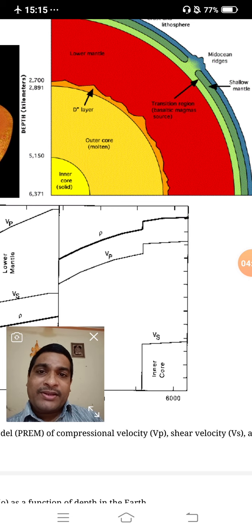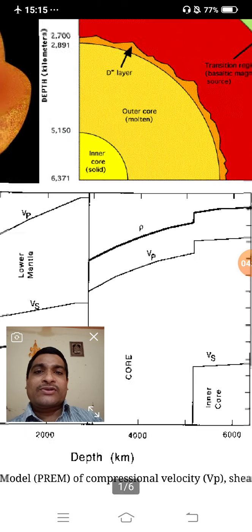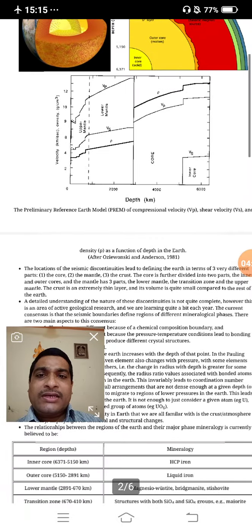And this lemon color shows the outer core. It is totally made up of molten magma, meaning liquid material. The outer core is mostly made up of liquid material. And the dark yellow color shows the inner core. It is from 5150 to 6371 km.